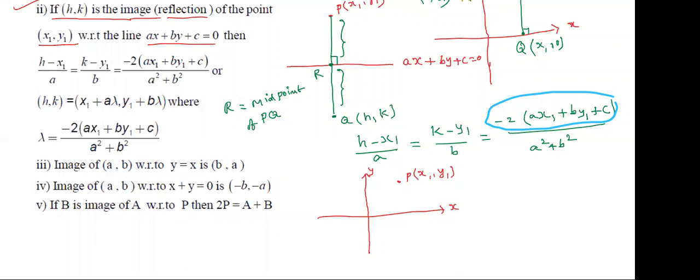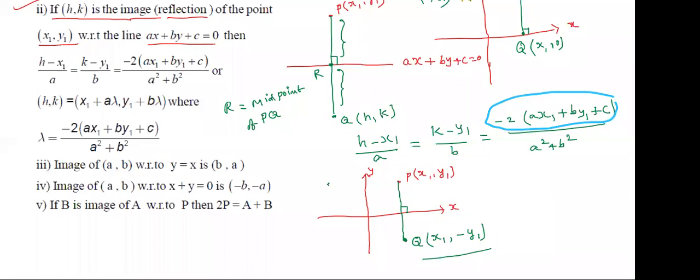What is the image of P with respect to the x-axis? This is the image. These two lines are perpendicular. Observe that the point lies in the fourth quadrant, where the y coordinate is negative. So the image of P with respect to the x-axis is Q, x1 comma minus y1.